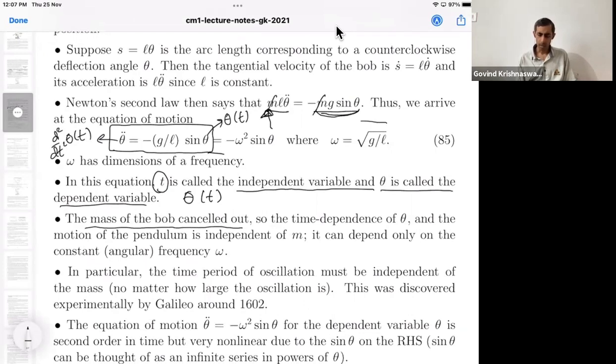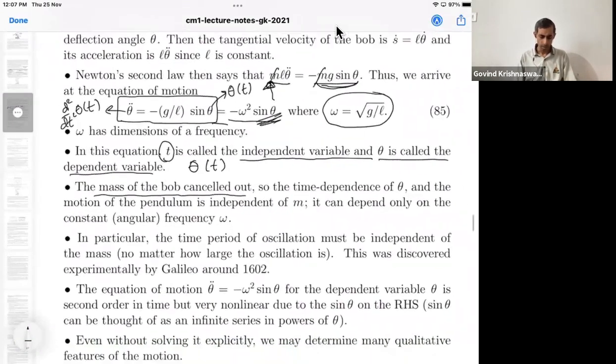Defining omega as square root of g upon L, we arrived at the equation in the form minus omega squared sine theta. We observed that this equation is highly nonlinear because of the sine function, but that is the equation that the physics is giving us, so we have to deal with it.